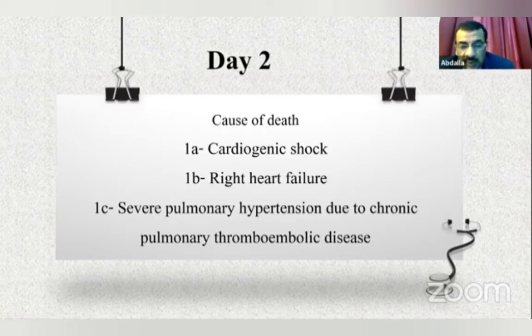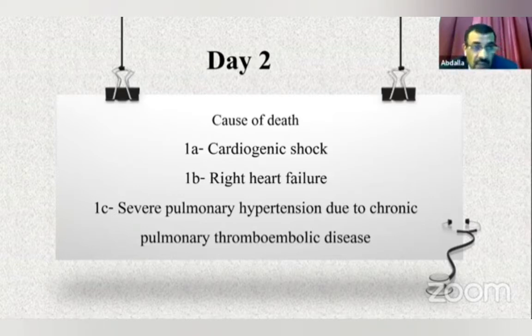And sometimes you compare the care back home in the United Kingdom and here in Saudi Arabia, and you find that, although the guidelines are very clear, an RV to LV ratio of more than 0.9 is an indication. Hemodynamic compromise is another indication.